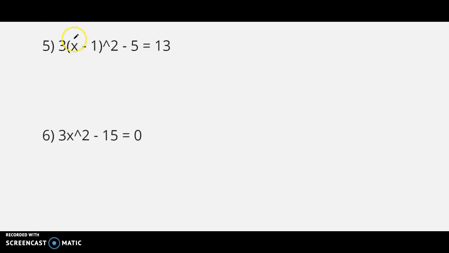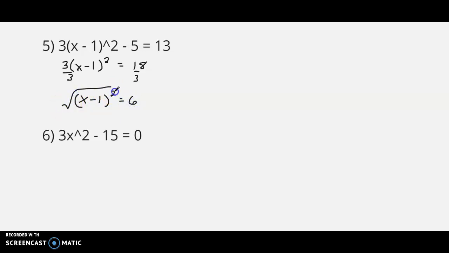For number 5, 3 quantity x minus 1 squared minus 5 equals 13. Couple things to do here. First thing is add 5 to both sides. So we're going to leave this 3 and x minus 1 squared alone. If we add 5 to both sides, we get 18. Next, we're going to divide both sides by the 3, and then we're left with x minus 1 quantity squared equals 6.